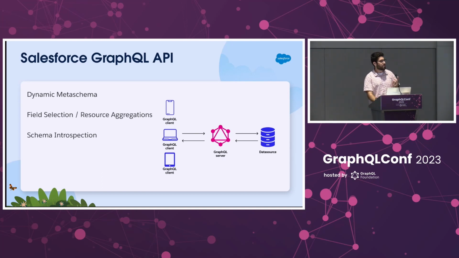And at Salesforce, trust is our number one priority. And so we have what's called field level security and object level security. And our GraphQL API supports both of these, so users will never see fields or objects that they don't have access to.